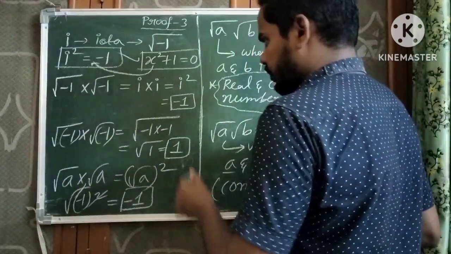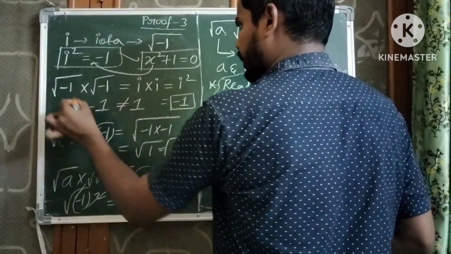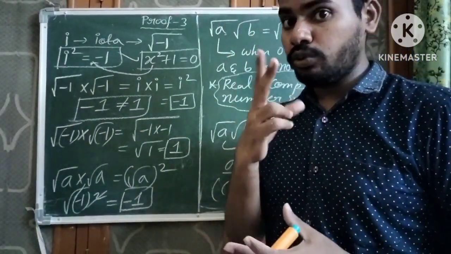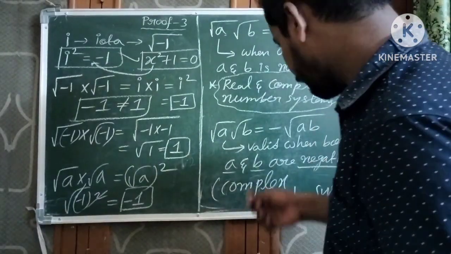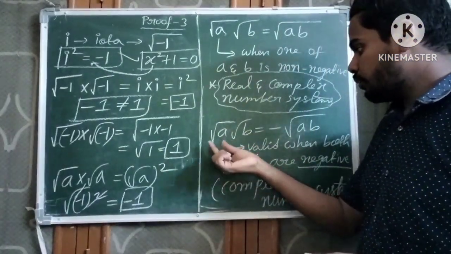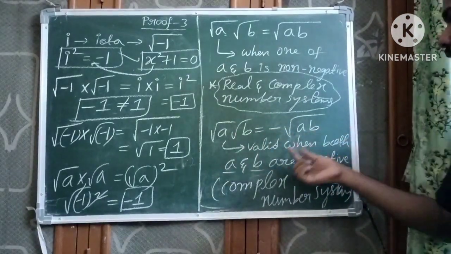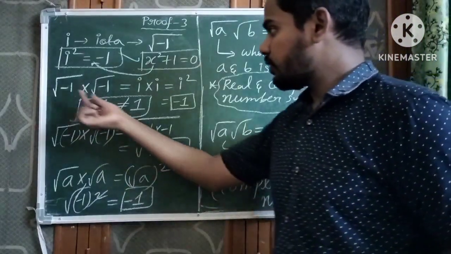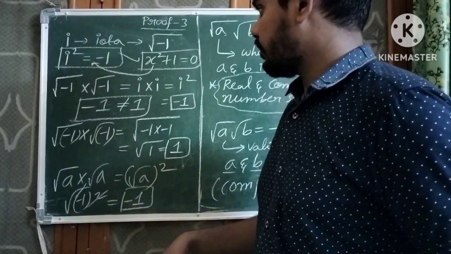But remember, here minus 1 is not equal to plus 1. An expression cannot have two different outputs. That's why we consider root a into root b is equal to minus root over ab when a and b are both negative.